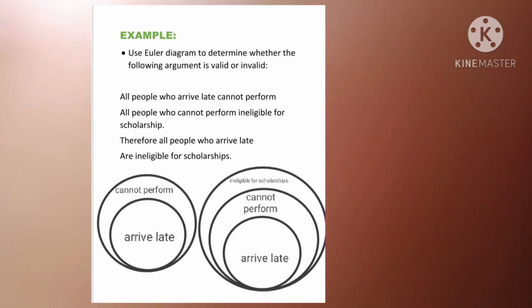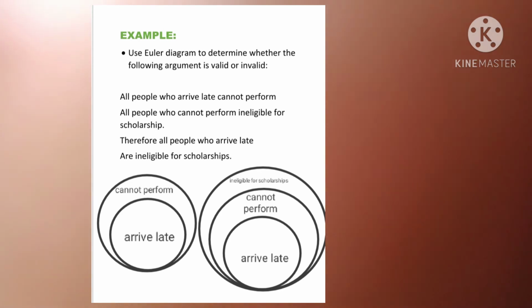Example, use an Euler diagram to determine whether the following argument is valid or invalid. All people who arrive late cannot perform. The first thing we need to do is make an Euler diagram for the first premise. It should look like this.